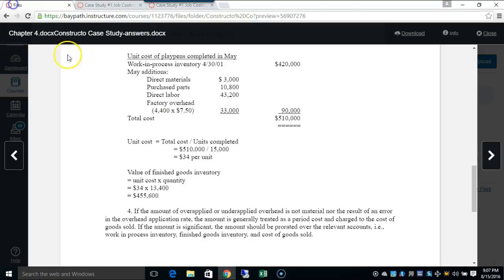So if you study this, you'll see that 420,000 was the beginning finished goods inventory because it was your ending WIP.